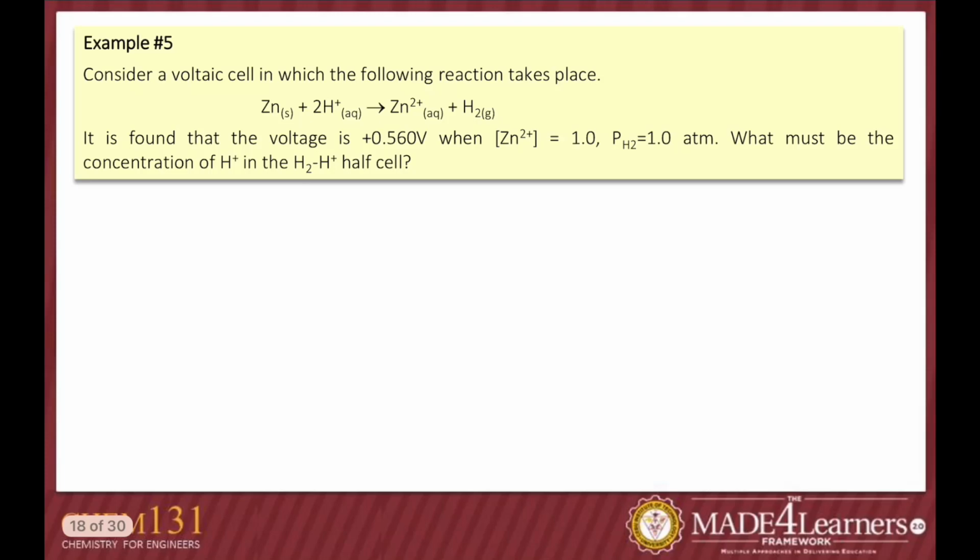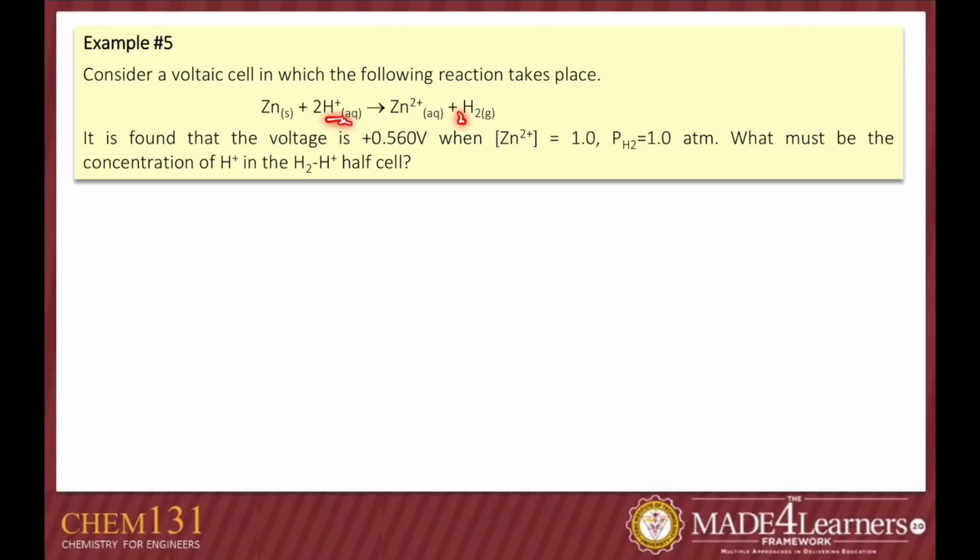So for example, we are to consider the voltaic cell in which the following reaction takes place. We have here zinc, which obviously undergoes oxidation because its oxidation number goes from 0 to positive 2. And we have here hydrogen, which undergoes reduction. Its oxidation number decreases from positive 1 to 0.